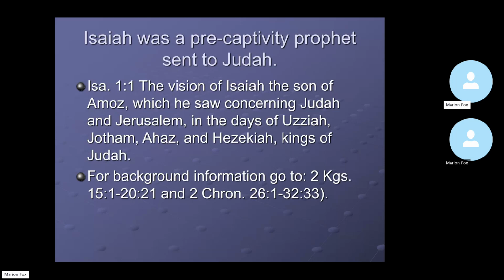We go through 2 Kings chapter 15, verse 1 through chapter 20, verse 21. And then we go to 2 Chronicles chapter 26, verse 1 through 32:33. This will give us the background of what's going on during the reigns of these kings.